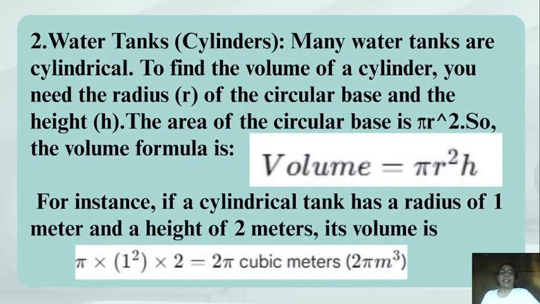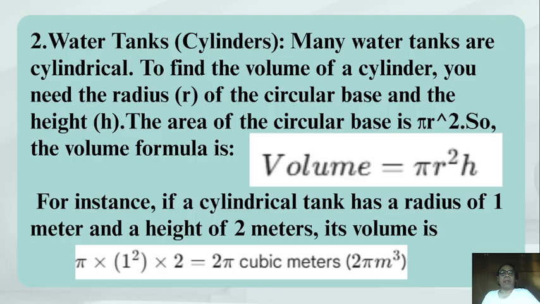Water tanks, cylinders. Many water tanks are cylindrical. To find the volume of a cylinder, you need the radius of the circular base and the height. So the area of the circular base is pi r squared.